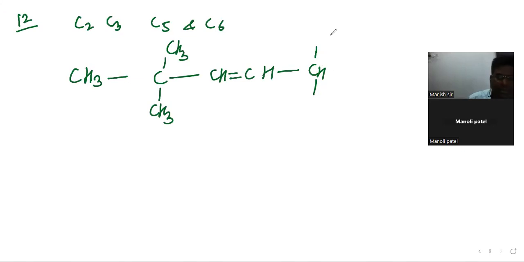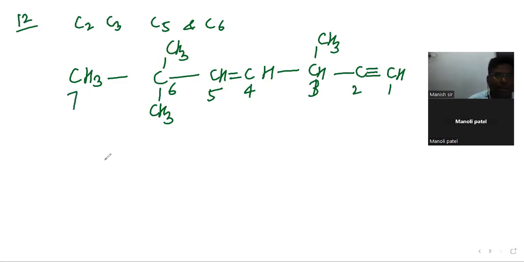So it is CH3. Next is C triple bond CH. So it is 1, 2, 3, 4, 5, 6, 7. It is asking about the state of hybridization of each carbon.